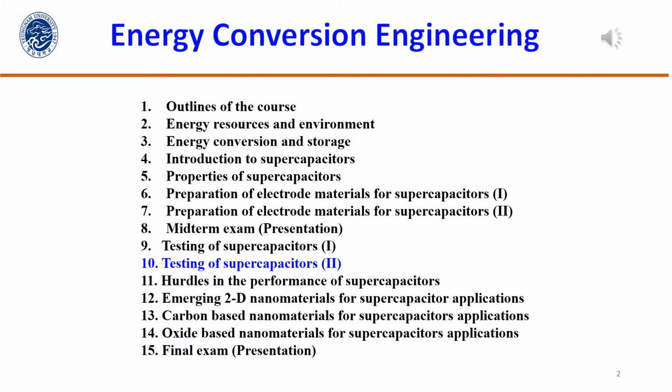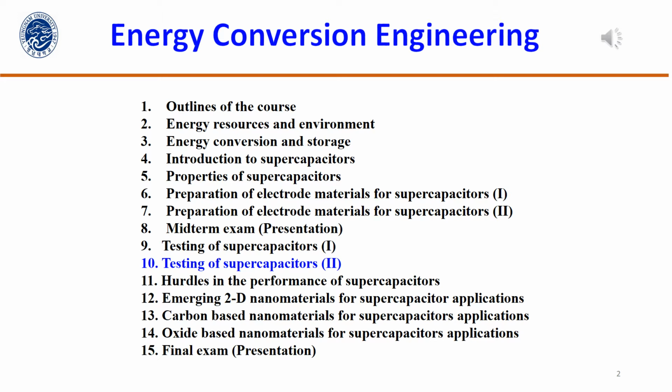In the last week we discussed one of the investigation techniques, that is EIS, electrochemical impedance spectroscopy, which is very useful to find out the solution resistance and also the mechanisms or the chemical reactions happening while we are testing the supercapacitor.